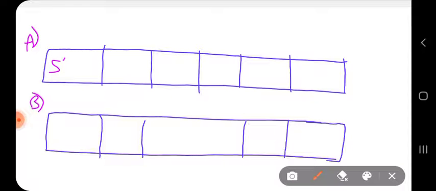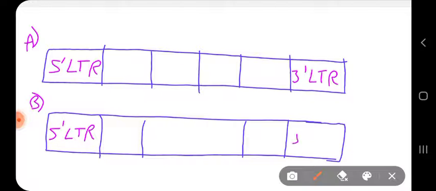5' long terminal repeats, 3' long terminal repeats.